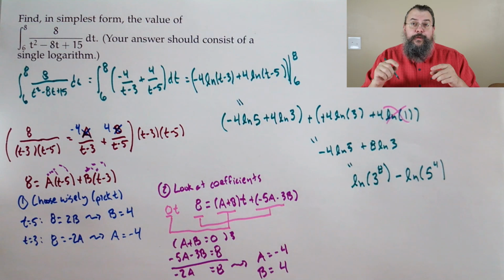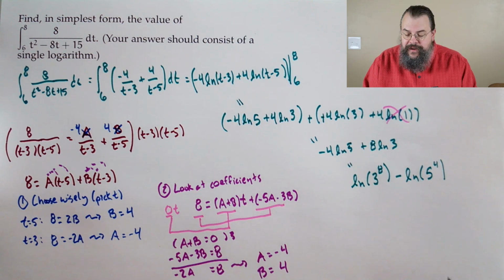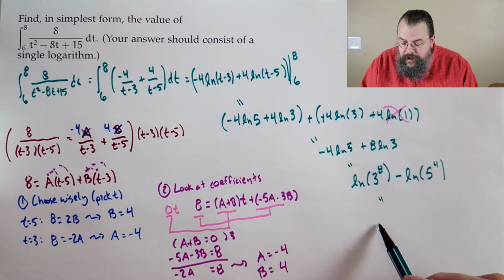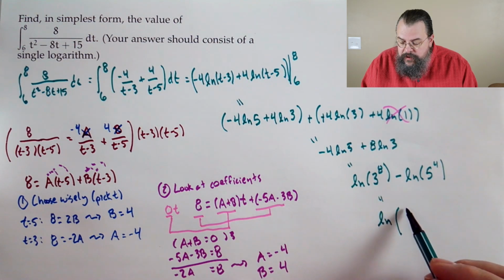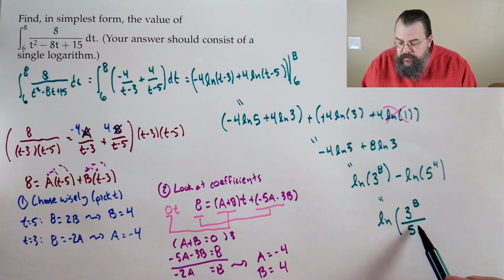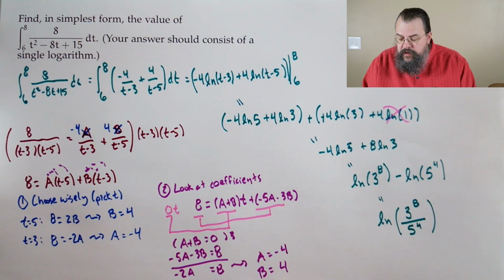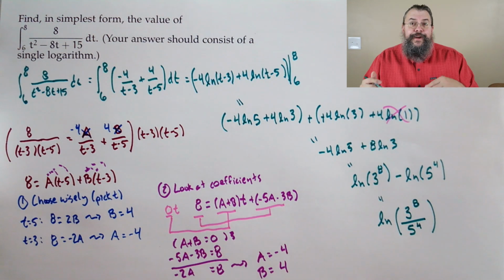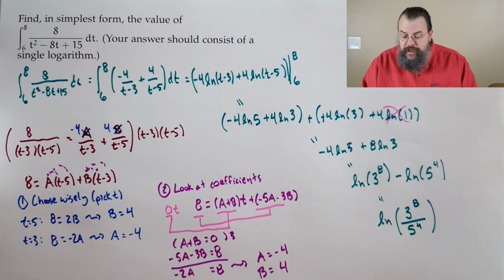And finally, a subtraction of logs becomes division. So we get log of 3 to the 8th power divided by 5 to the 4th power. And we're done, right? That's as simple as we can get.